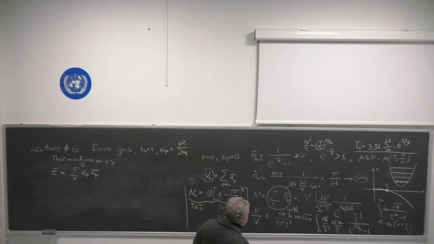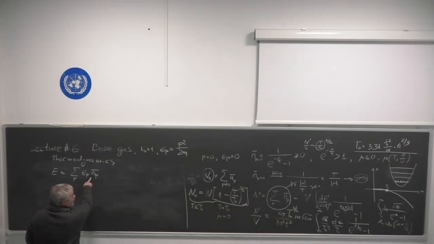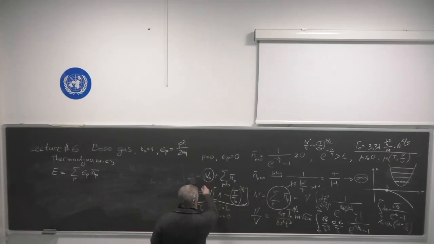However, in contrast to my calculation for the density of the particles, where I needed to separately take the term with momentum equal to 0, I see that the term with energy equal to 0 is multiplied by 0 energy. So it doesn't contribute to the sum. Therefore, I don't need to do the same. Namely, I can directly replace my summation by integration because there is no macroscopic number contributing to the energy. This macroscopic number is multiplied by 0 and therefore is equal to 0.